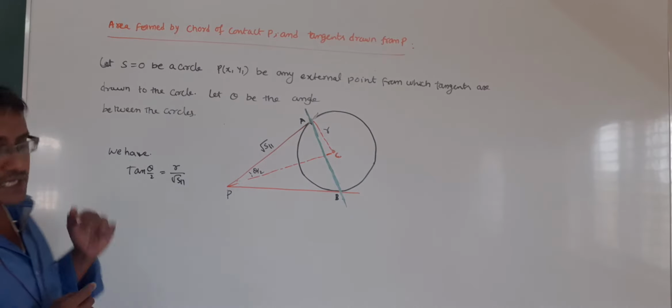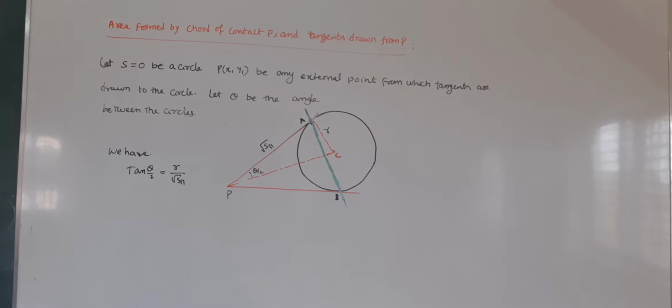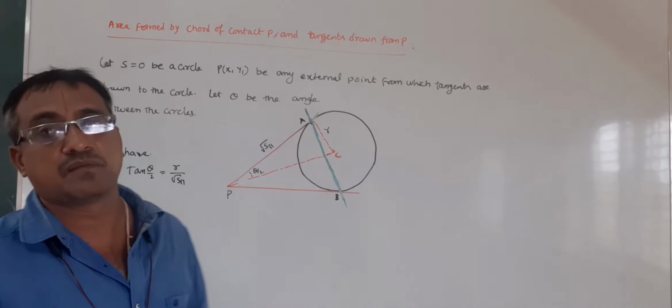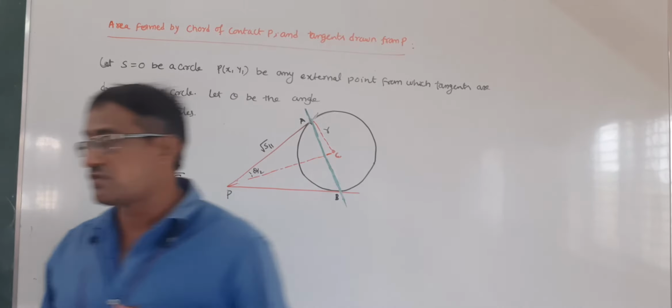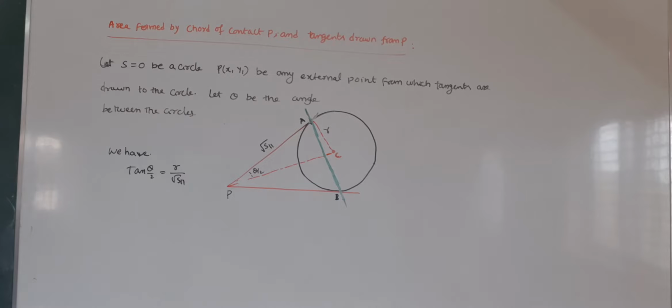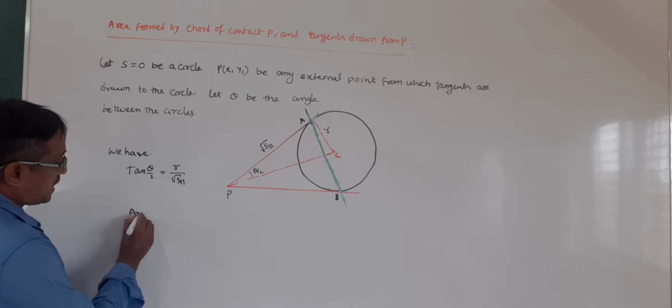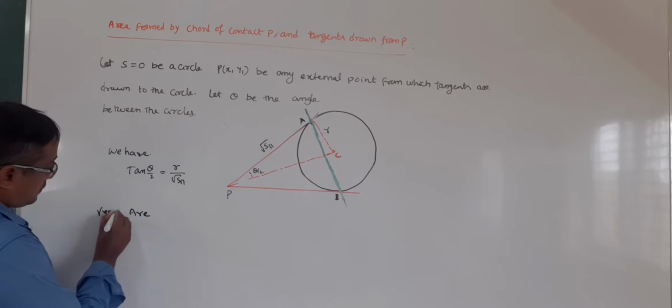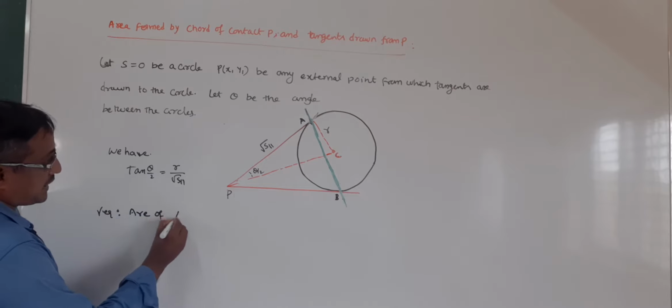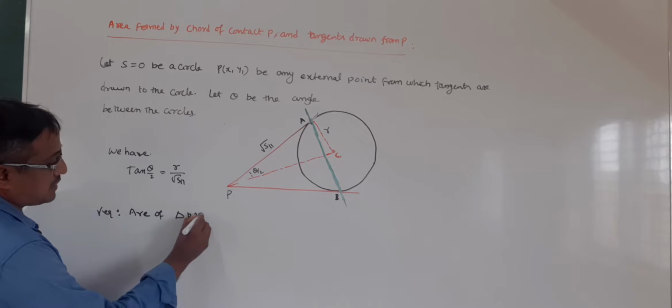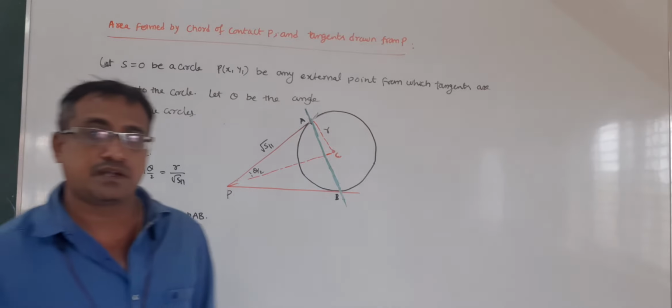We have the angle between the tangents, tan theta by 2, given by r by root S11. We are going to find the area of triangle PAB. That is what we are going to find.